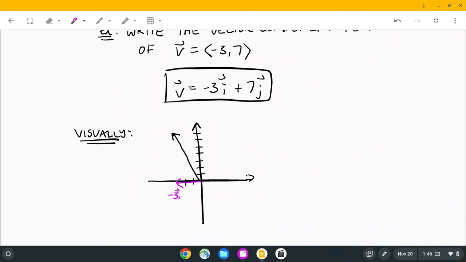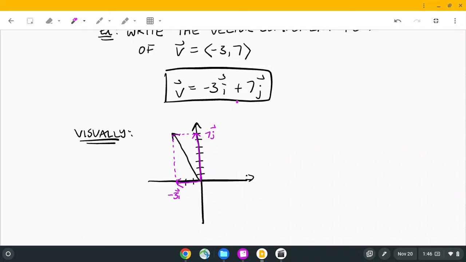And then 7j, so that's this vector here, this little unit vector, the vertical one, multiplied by 7. So then that goes all the way up to here. And this is 7j, right? And what we end up having here is, again, vector v, which we see is the sum of these two vectors, right?